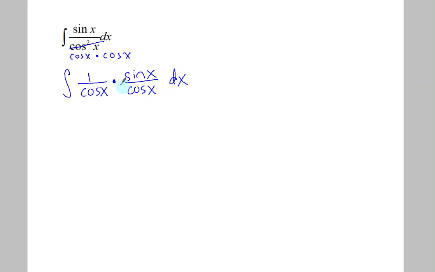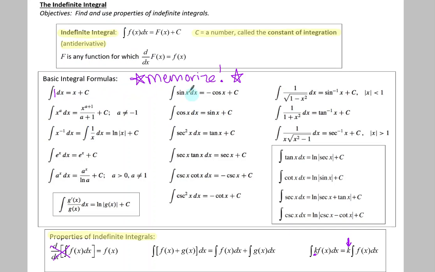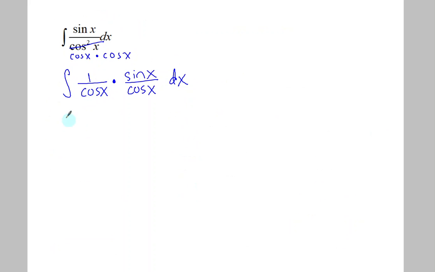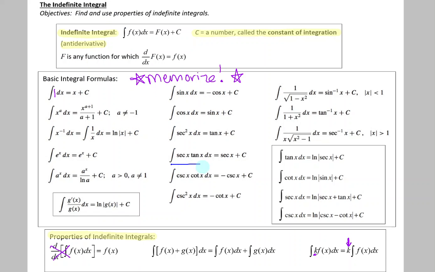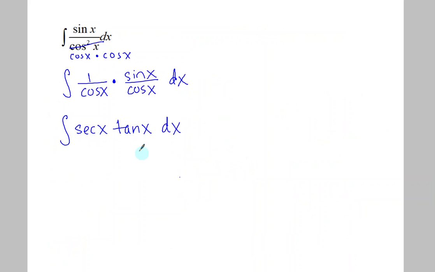So I still need to work my way towards one of these antiderivatives that I already know. 1 divided by cosine x is the same as secant x, and sine x divided by cosine x is the same as tangent x. So secant x tangent x, and now that does look familiar. I know the derivative of secant x is secant x tangent x, so therefore the antiderivative of secant x tangent x is secant x, and of course plus a constant of integration.